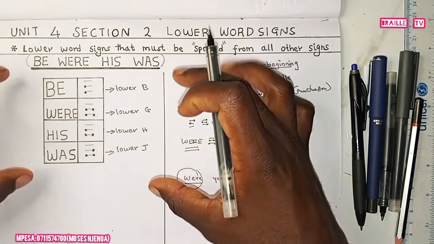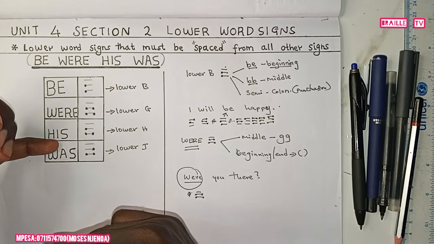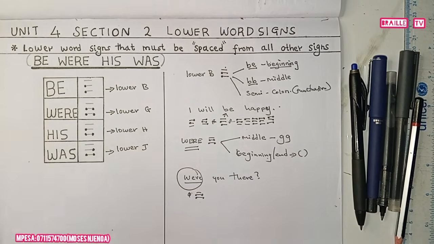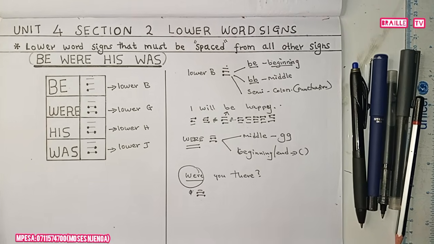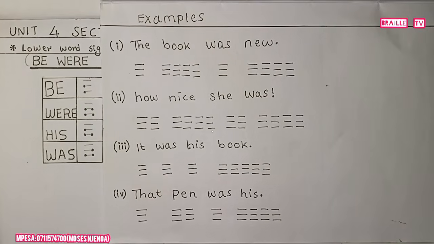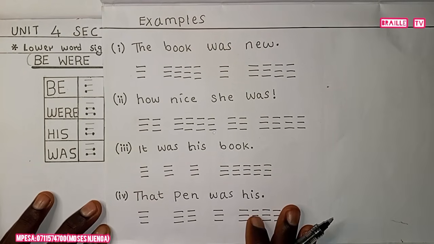Now, let me write some few examples and see how we use these word signs when it comes to words and sentences. Okay, now examples are here with us. Now let us do them very fast, and we are going to understand.